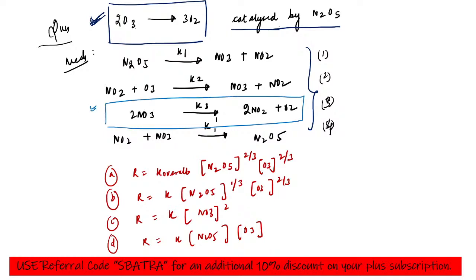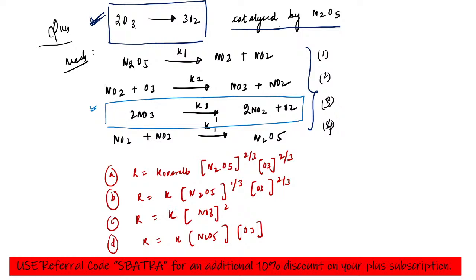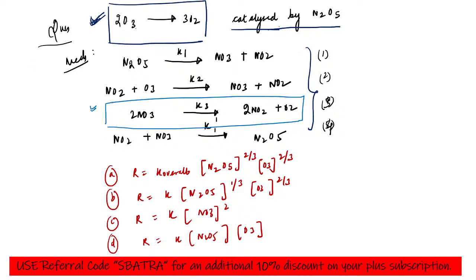Now how do we write the rate of reaction? For this reaction, the rate is K3 and NO3. Is it clear to all of you? Any doubt? So this is going to be the rate of reaction.